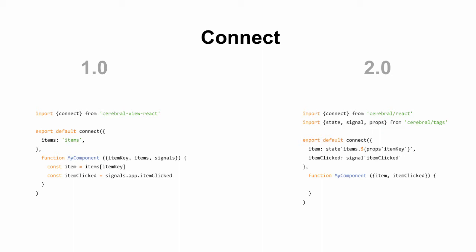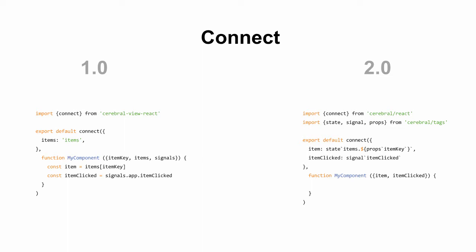This is a declarative approach, which we favor a lot in Cerebral. The reason we favor declarative code is that the debugger understands it. It can analyze it. And you explicitly say, I want this signal.